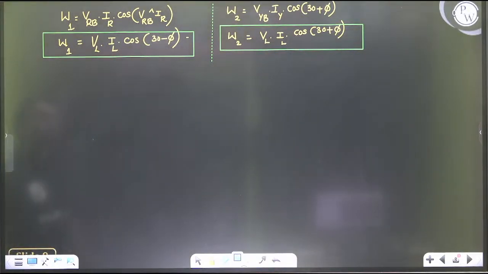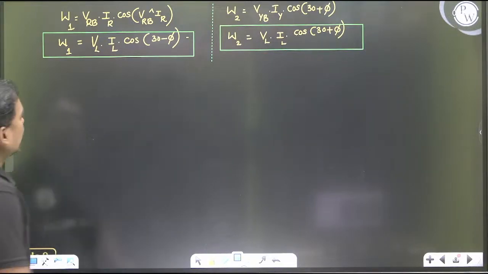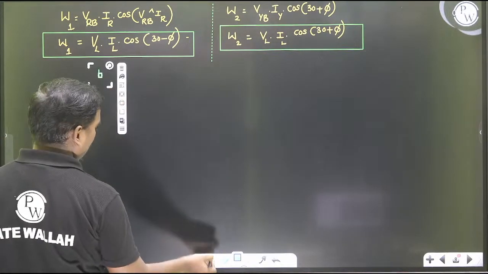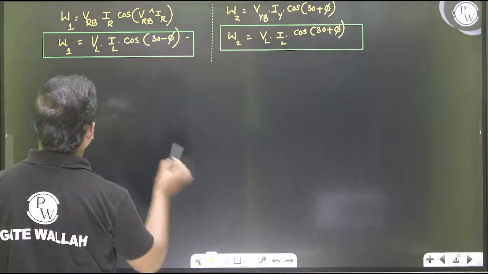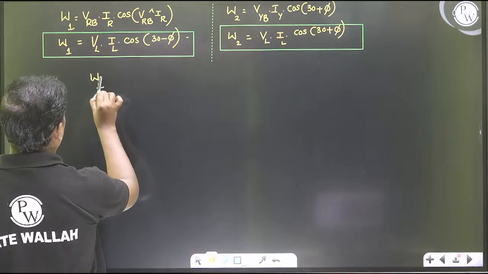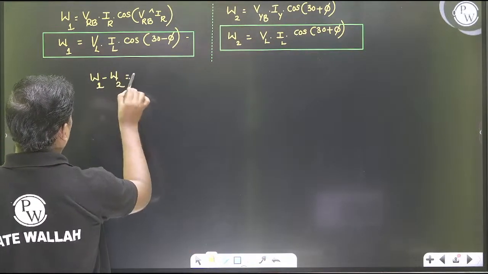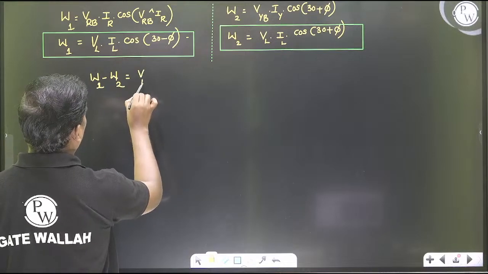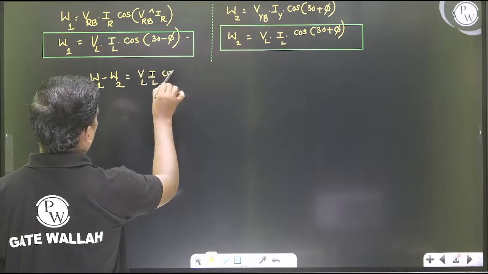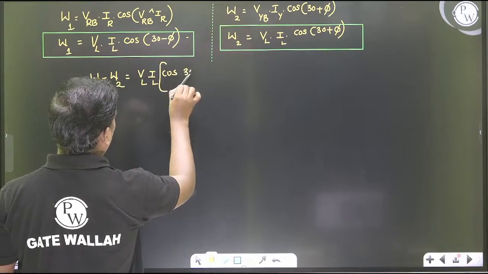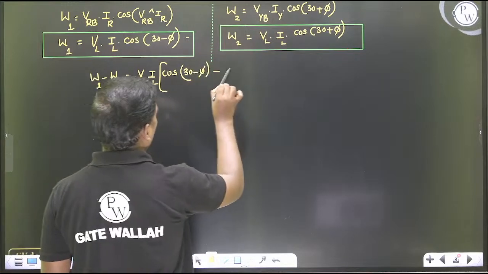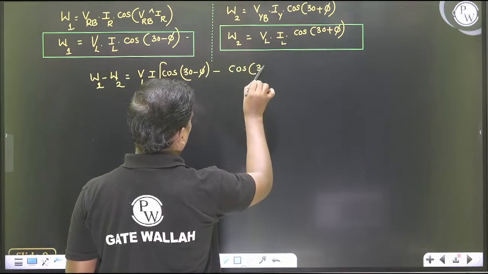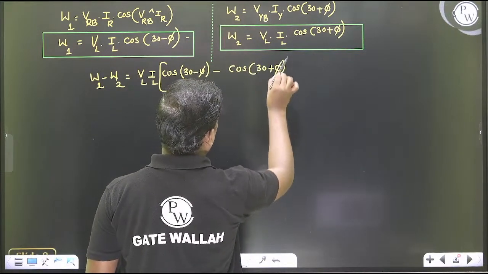Okay, so the expressions for W1 and W2 have come. From here you can find W1 minus W2. This is the most important point. W1 minus W2, if I take this, I can take it as VL, IL times cos of 30 minus 5 minus cos of 30 plus 5.